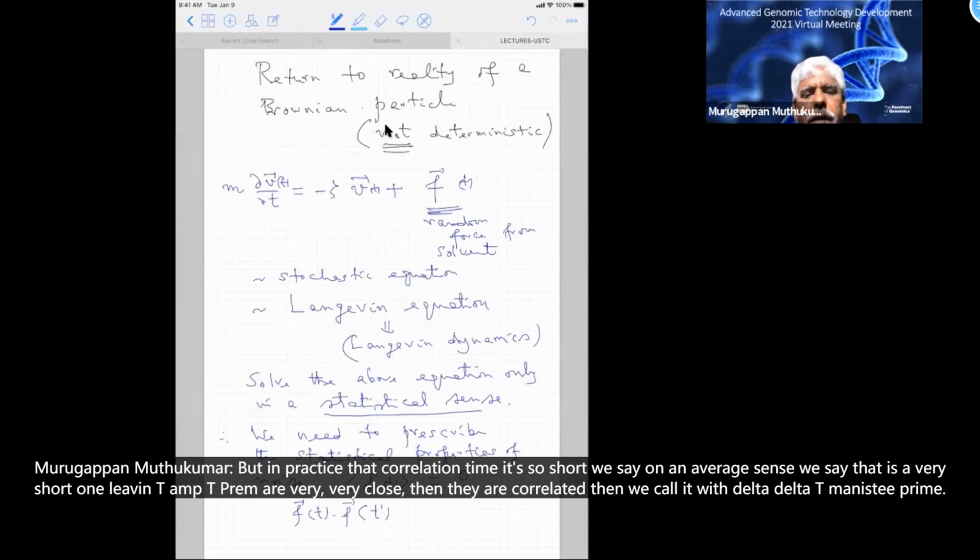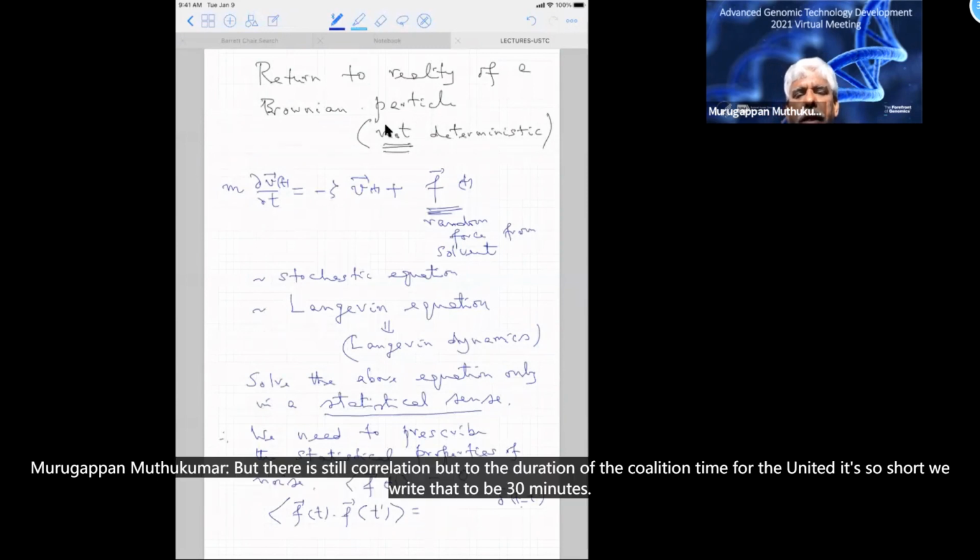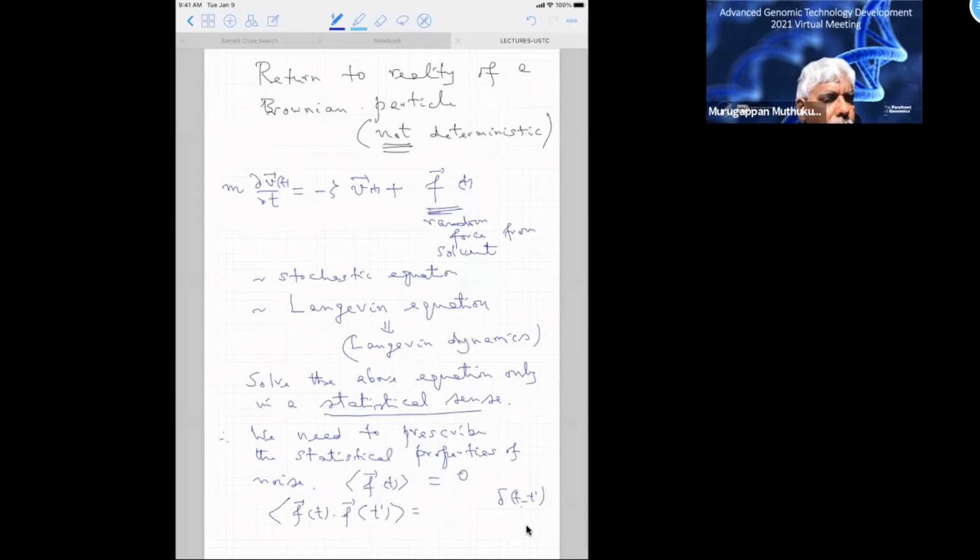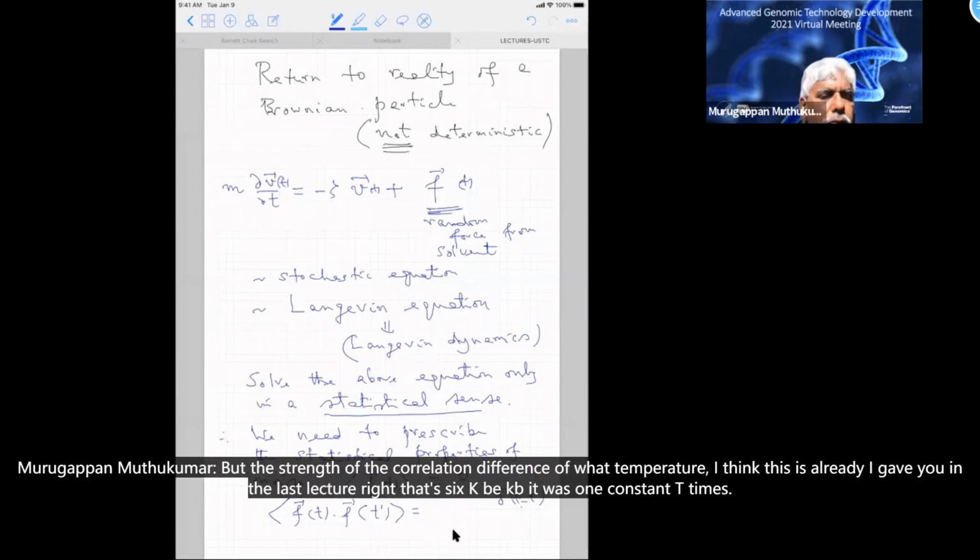But in practice, that correlation time is so short that only when t and t prime are very, very close are they correlated. So we write that with a delta function, delta(t minus t prime). But the strength of that correlation depends upon temperature. I think I already gave you this in the last lecture: 6 kB T zeta, where kB is the Boltzmann constant.